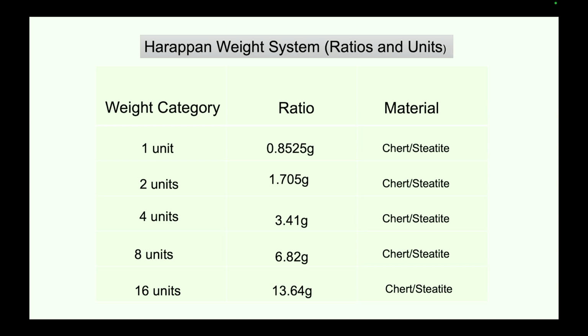Second unit 1.705 gram, material chert and steatite. 4 units, 3.41 gram, the same material used for the weight. 8 units, 6.82 gram, chert and steatite. 16 units, 13.64 gram, also made of chert and steatite. Possibly chert and steatite were easily available and good for weight measurement tools.